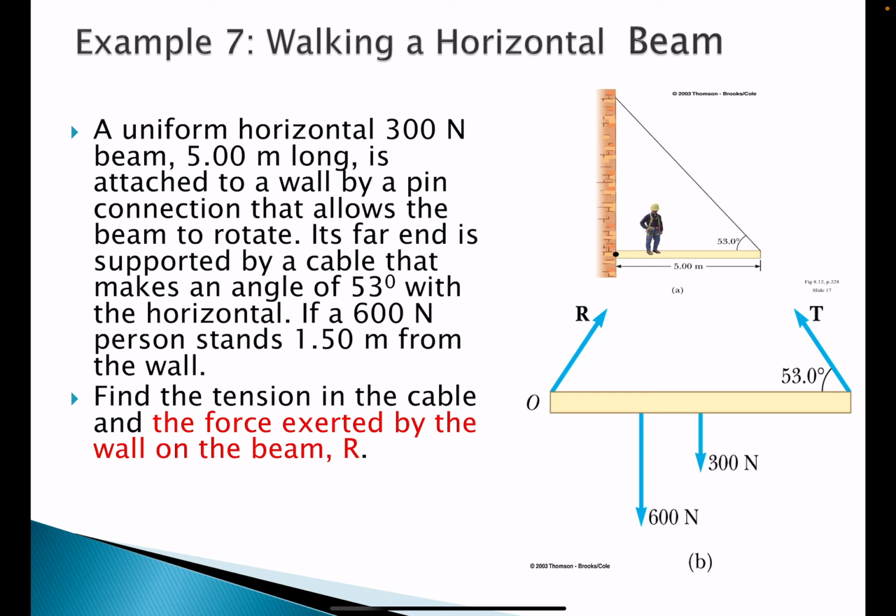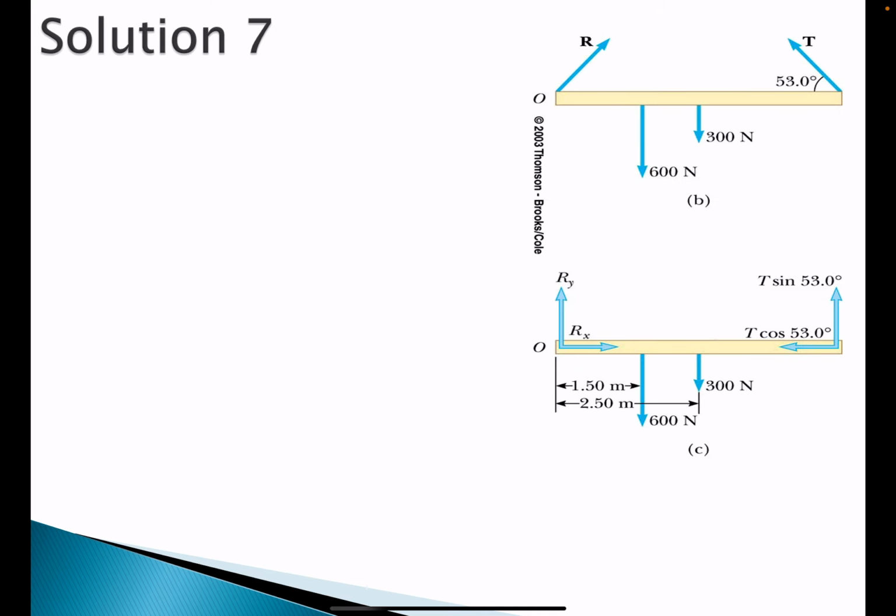Okay, so how do you do this? From the question we know that this is the R, this one is the tension, and these are 600 Newton and 300 Newton. 600 Newton is due to that person, and 300 Newton is the beam itself.